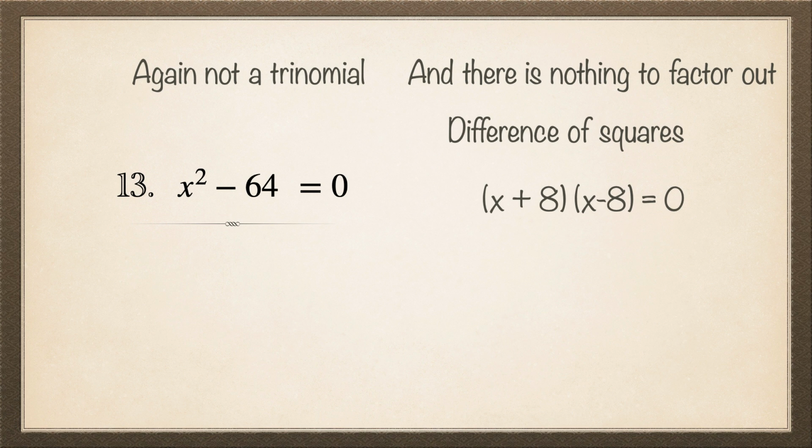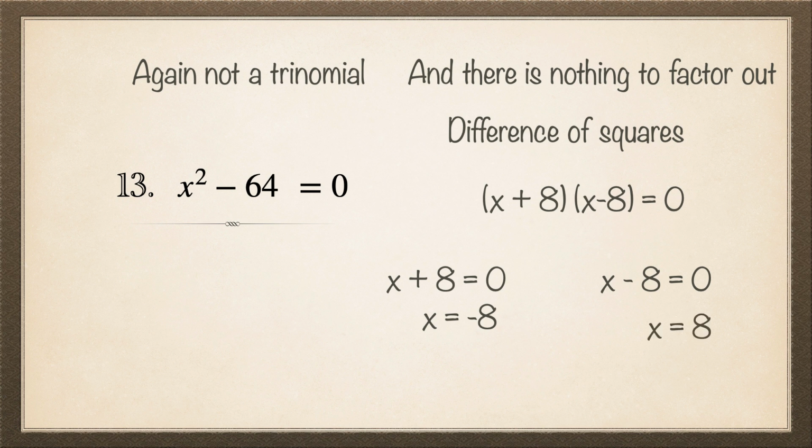All right, so the next thing I'm going to do is set each factor equal to 0. And so I have x plus 8 equaling 0 and x minus 8 equaling 0. Okay, so now I'm going to solve for the one on the left by subtracting 8 from both sides, and I end up getting x equal negative 8. And on the one on the right, I'm going to add 8 to both sides, getting x equaling 8.